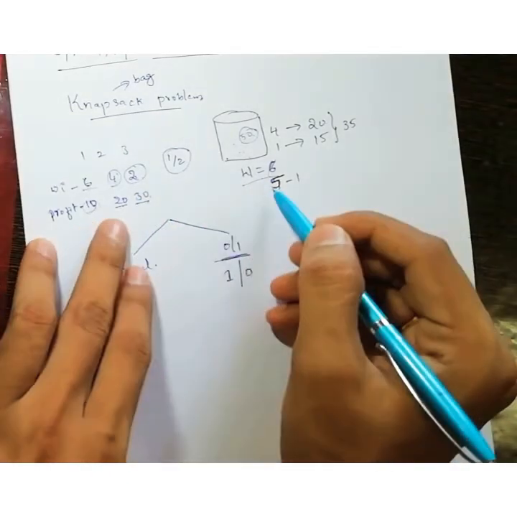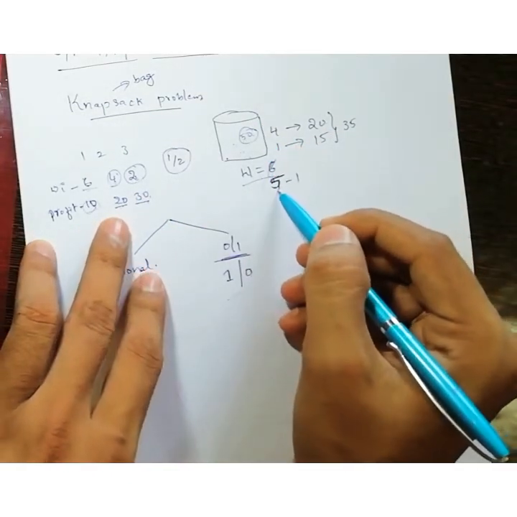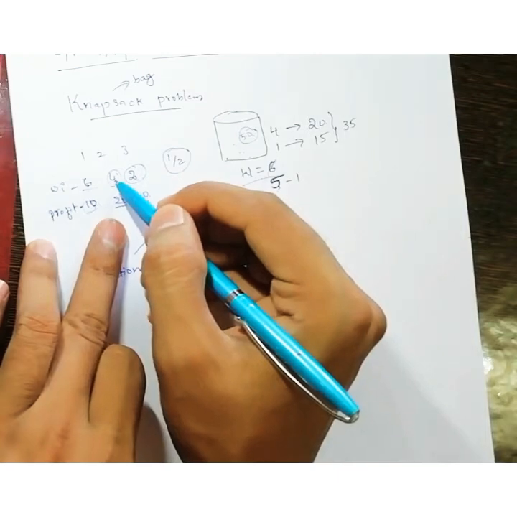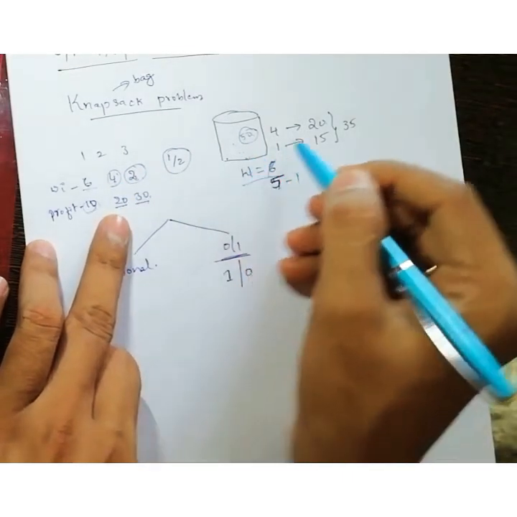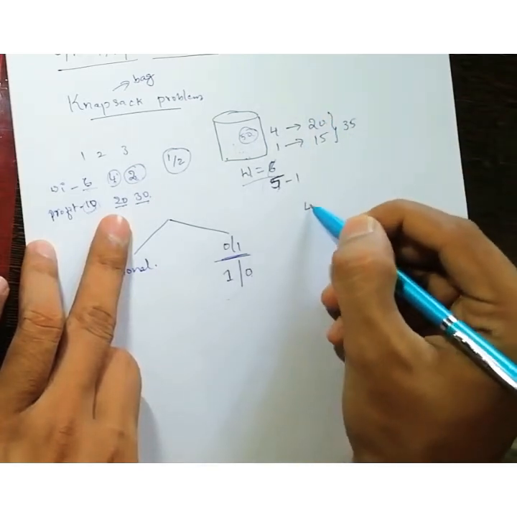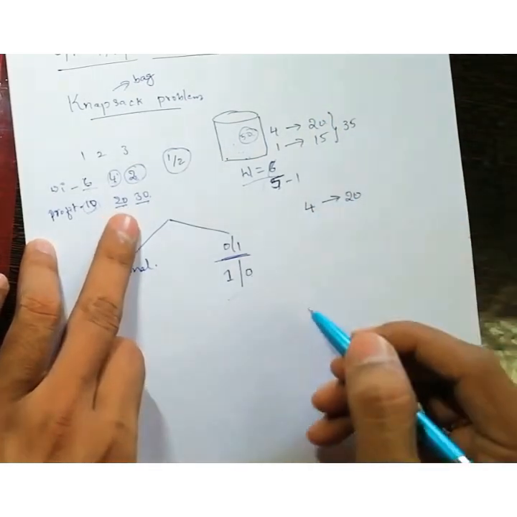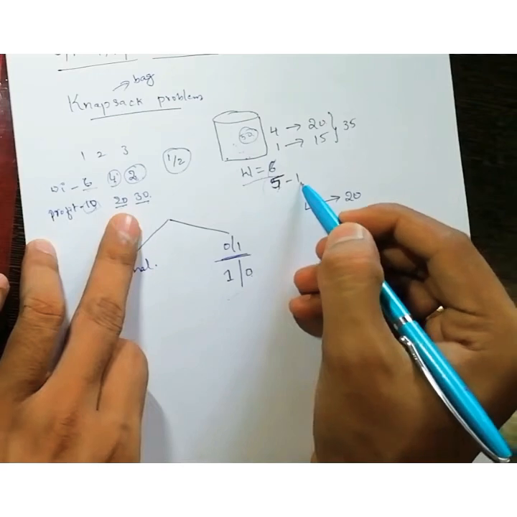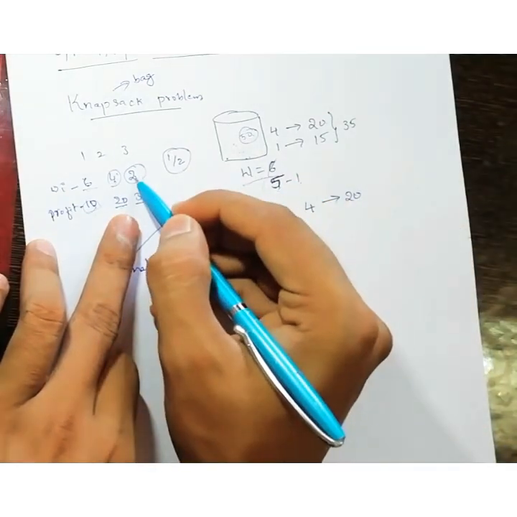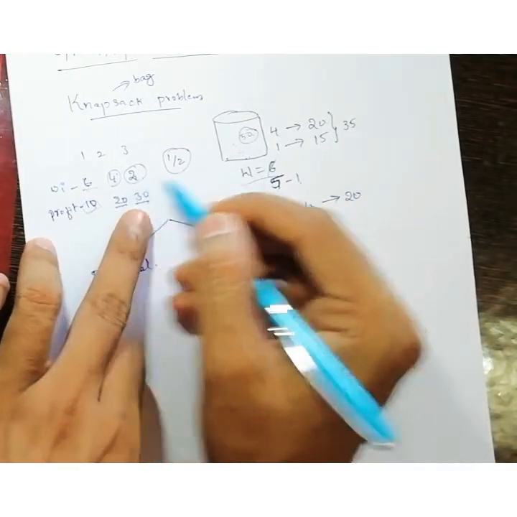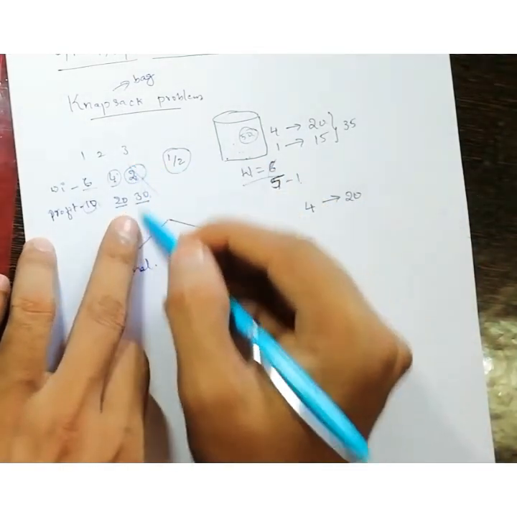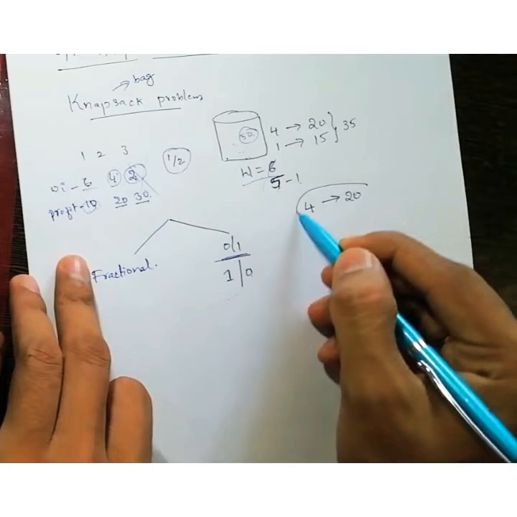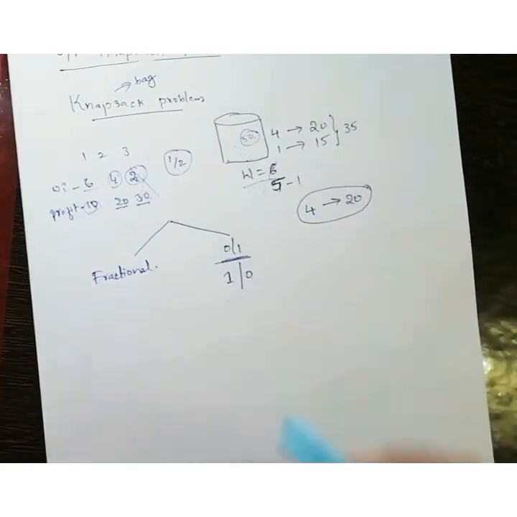So here in this problem, our capacity is 5 and I can insert 4 kgs in the 5 kg bag so that I get a profit of 20. But what is the remaining capacity? 1. Can I insert a 2 kg element in a 1 kg bag? No. That means I can't take a fractional part, so I have to ignore this. So your profit will be only 20 in case of 0-1 knapsack.